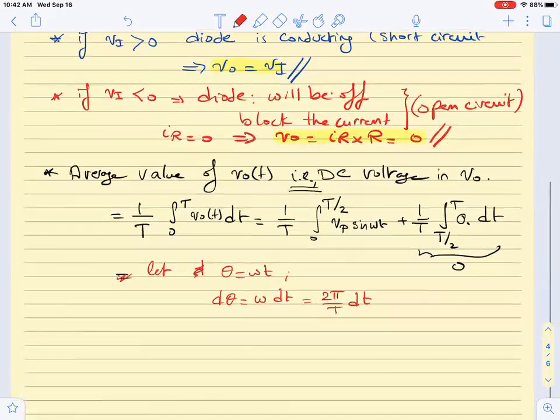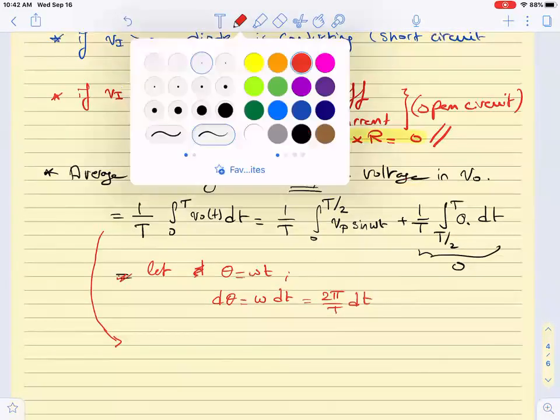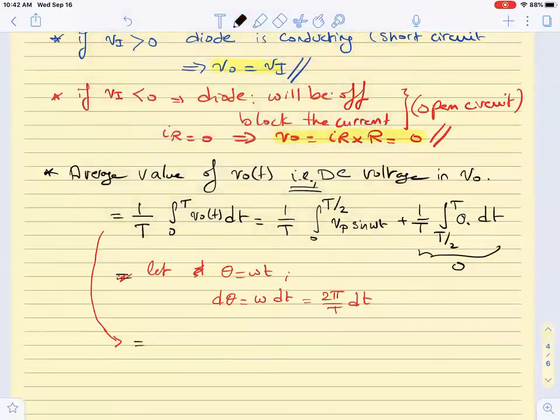So therefore this integral now, if I do the substitution here, is going to be equal to 1 over T times integral between, we will see where it goes, theta 1 and theta 2 of Vp sine of theta times 2 pi over T d theta.